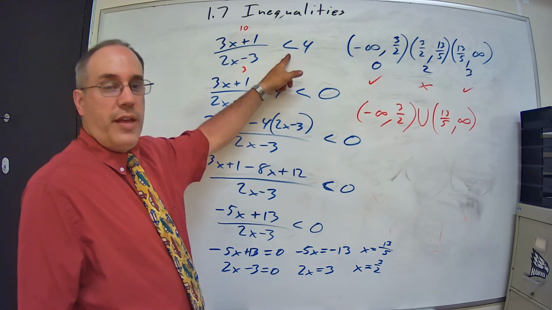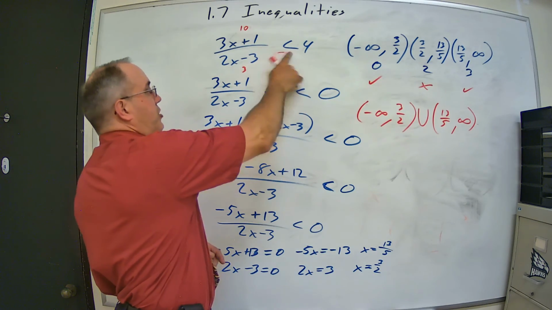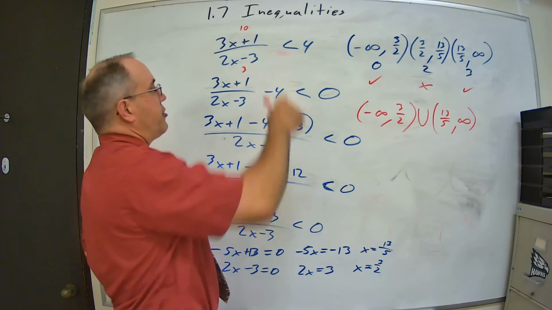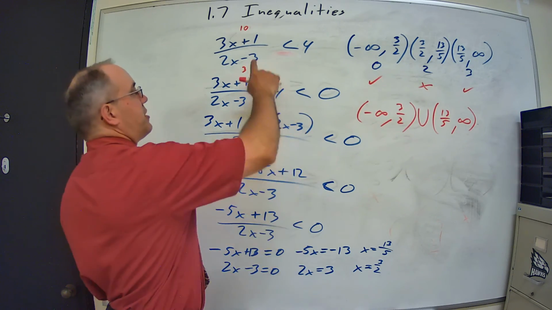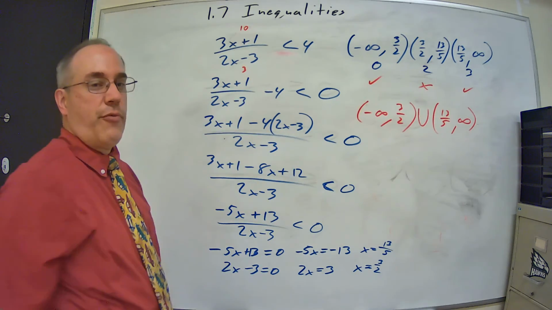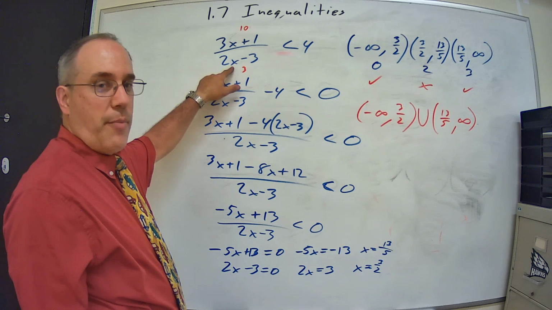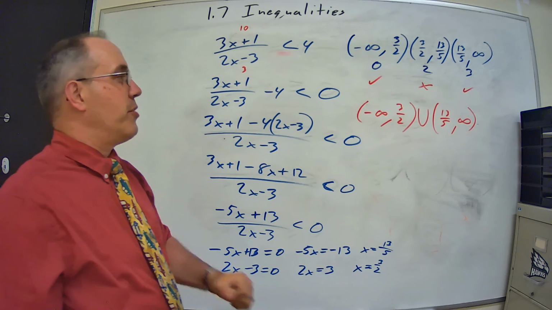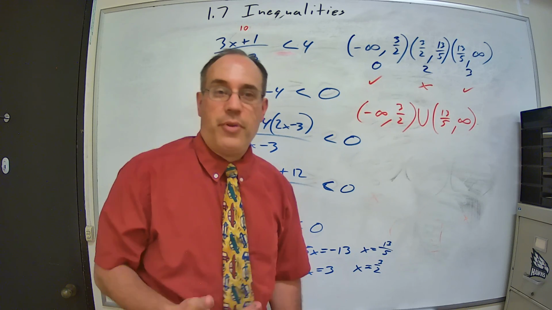With a strict inequality, you never have to test your endpoints. But if you have a non-strict inequality, less than or equal to, greater than or equal to, then you must test your endpoints. And you will never include an endpoint or a boundary that came from your denominator, because that would give you a divide by zero. So that can't happen either. So those are the steps, and that's how we go through it. And this finishes up inequalities.